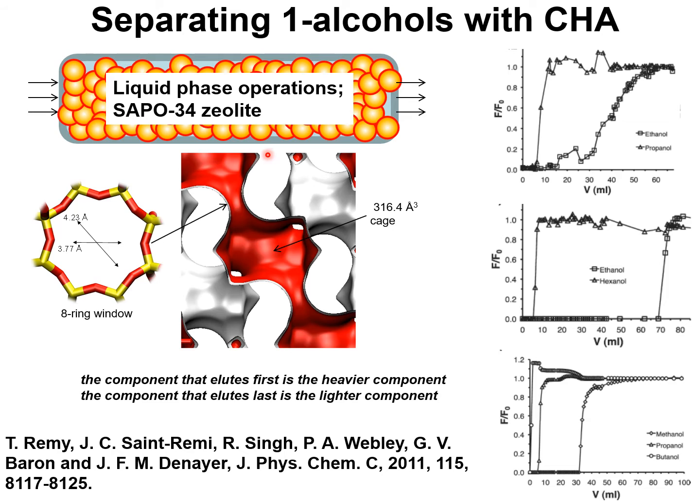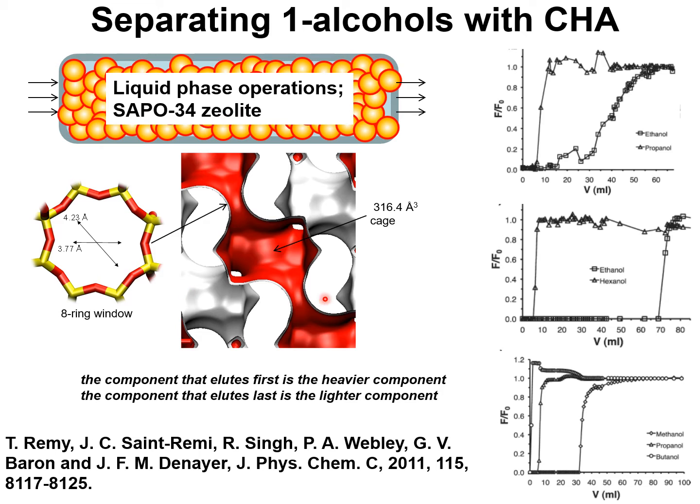Let us change topics and move on to the separation of mixtures of 1-alcohols in the liquid phase. Remy and Denayer report a set of breakthrough experiments carried out in the liquid phase using SAPO34 zeolite as adsorbent.